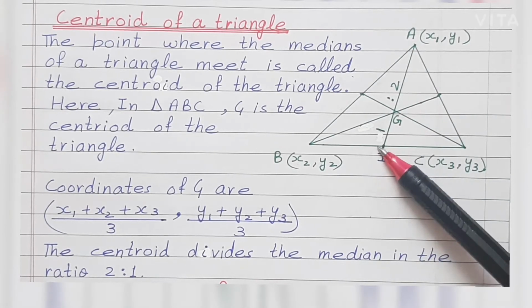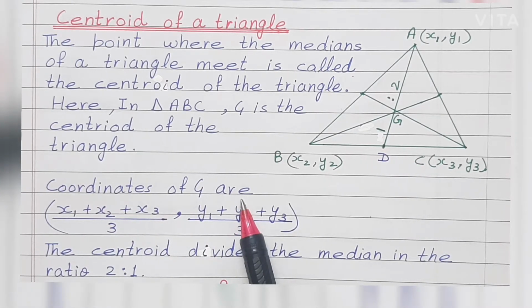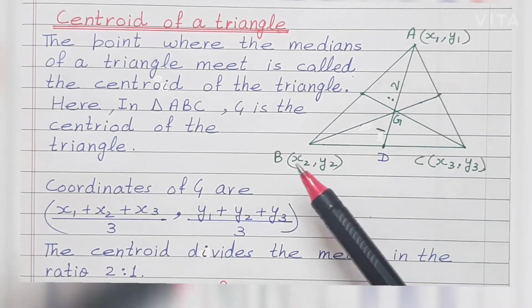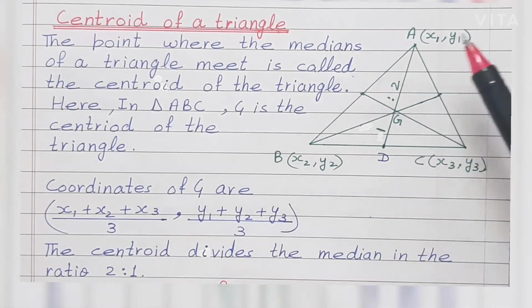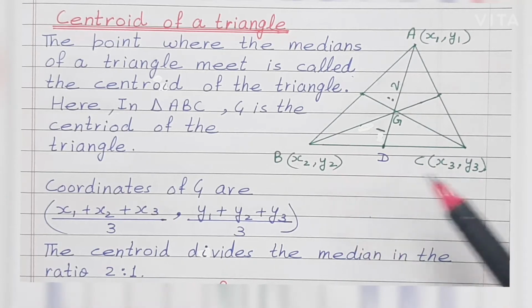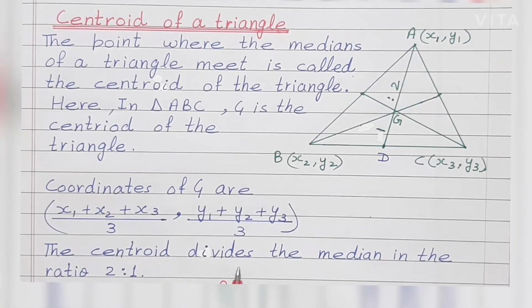It always divides in that ratio. So the coordinates of G are ((x1 + x2 + x3) upon 3, (y1 + y2 + y3) upon 3). Clear? And students, remember, the centroid divides the median in the ratio 2:1. I hope it is clear to everyone now.